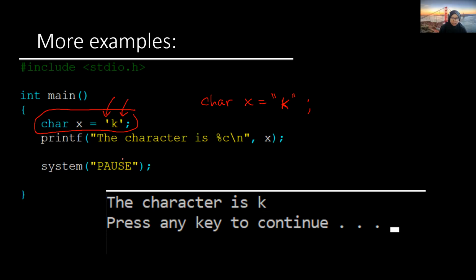Now, what if I make a mistake? I say the character is right here, d. I put the specifier for integer instead of character.